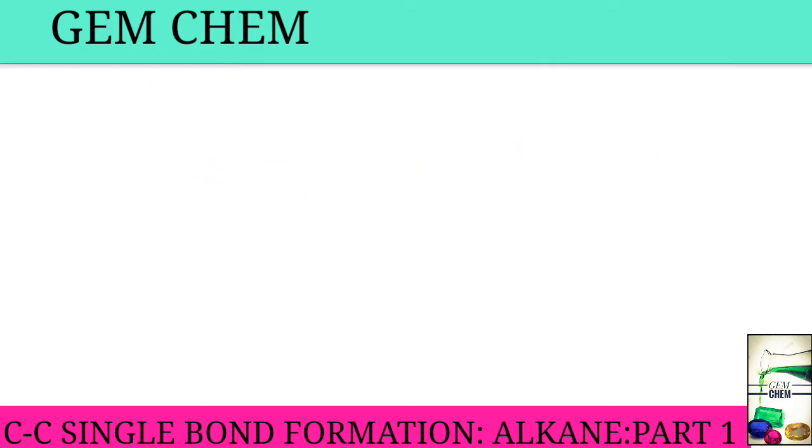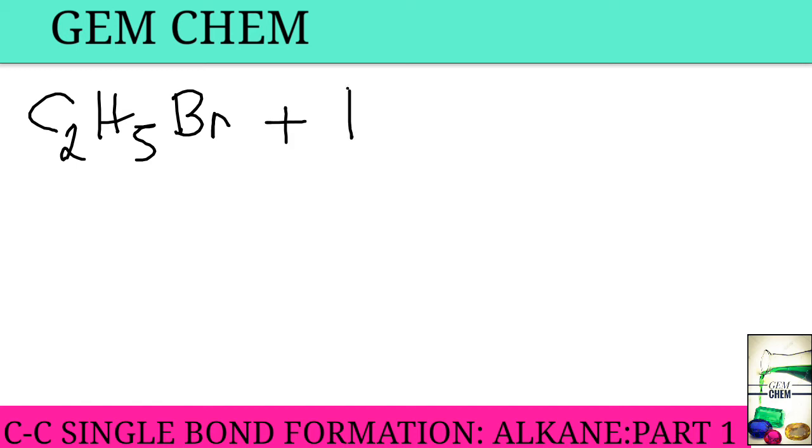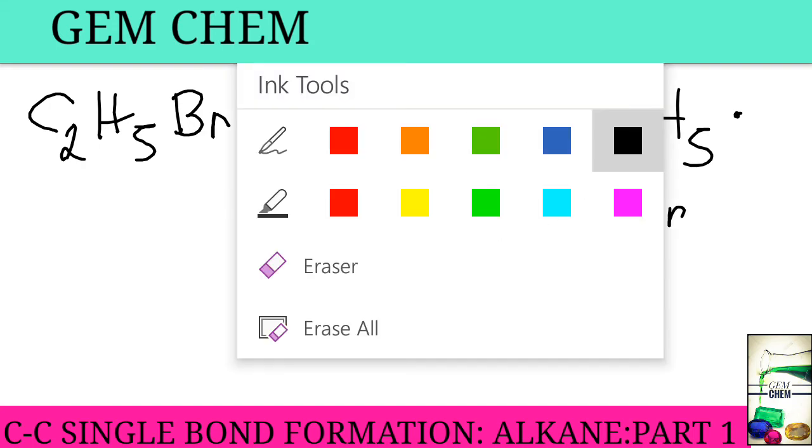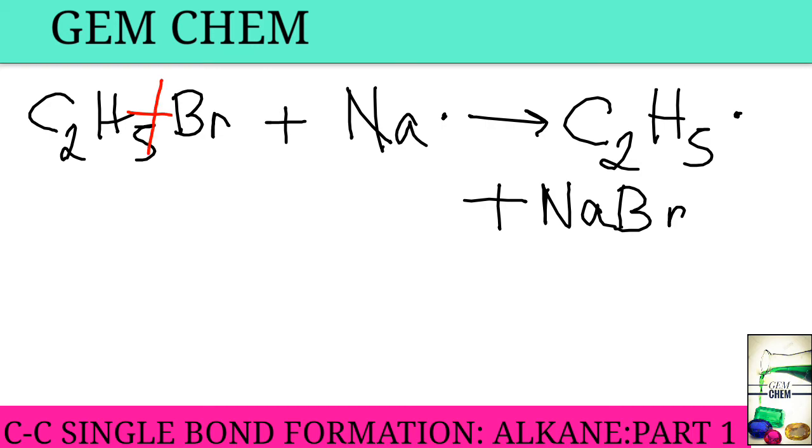Now the second mechanism considers an intermediate which is a free radical. Now we will see again by taking ethyl bromide, C2H5Br, with one sodium metal free radical reacts to form C2H5 dot plus NaBr. Now what is the case in this? Here the bond breaks up.